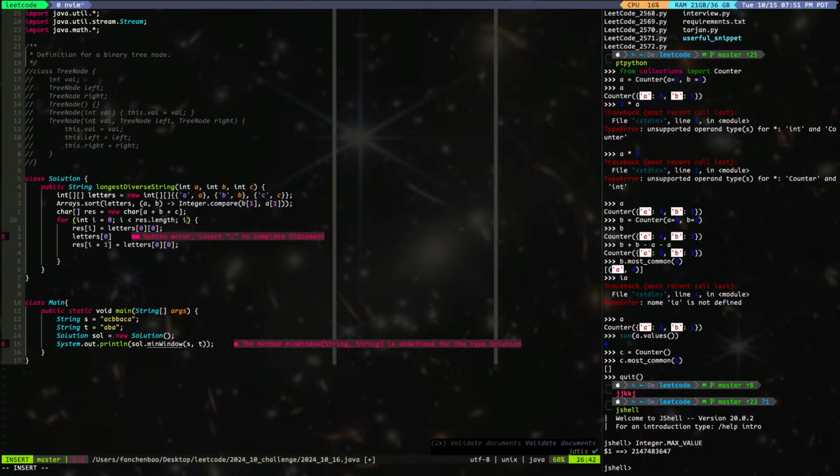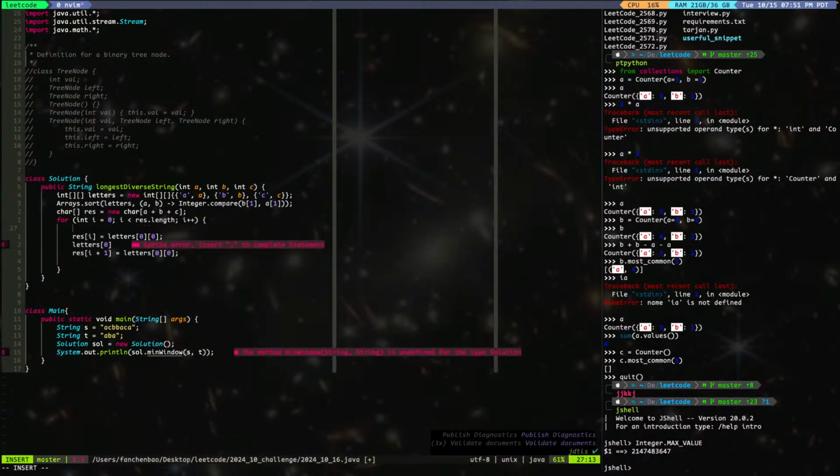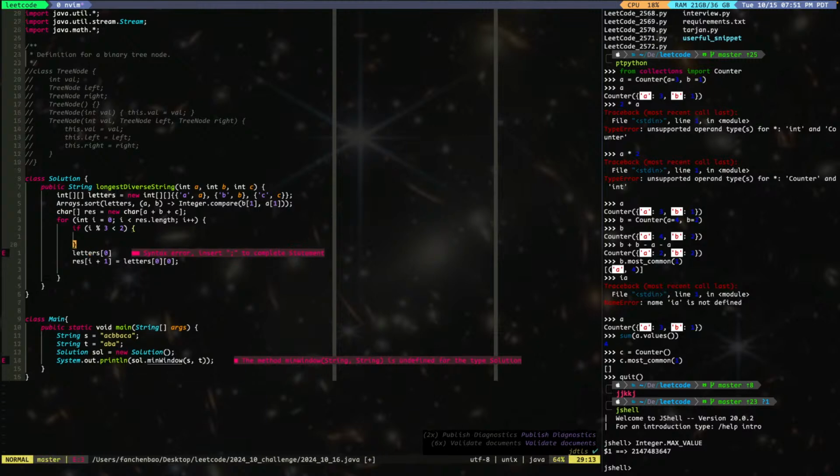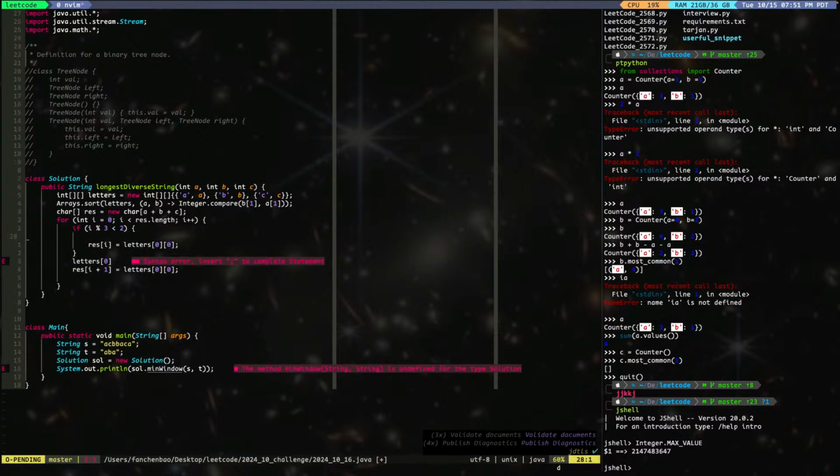Let's just do i++. I have a better idea. If i mod 3 is smaller than 2, then we'll do this and do letters[0][1] minus minus.